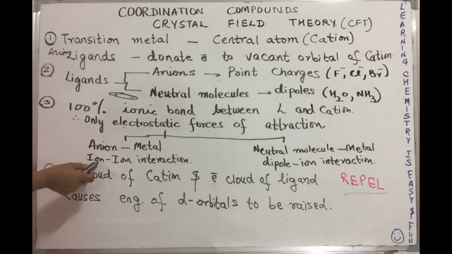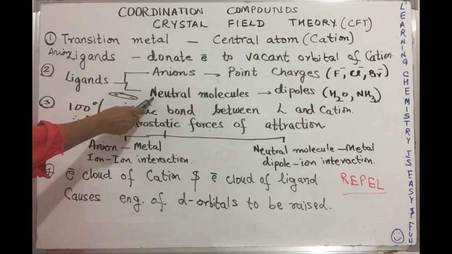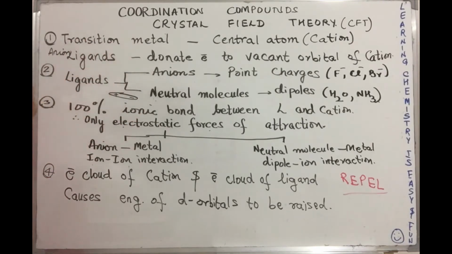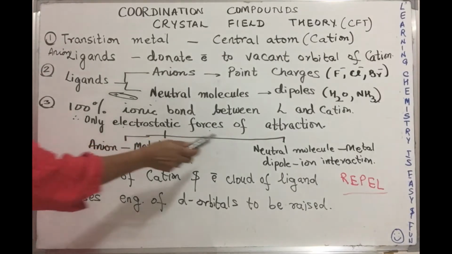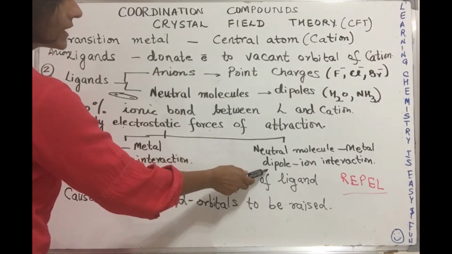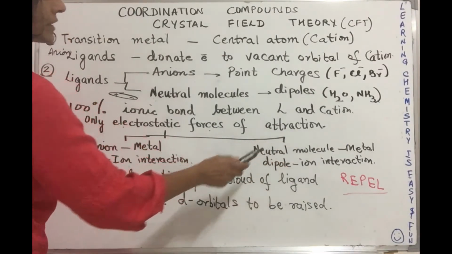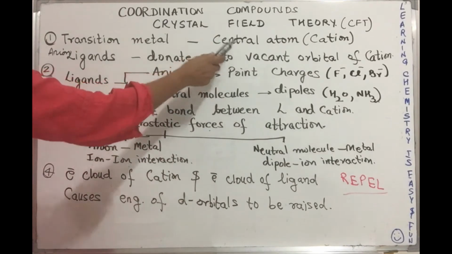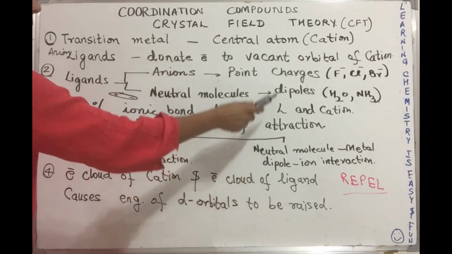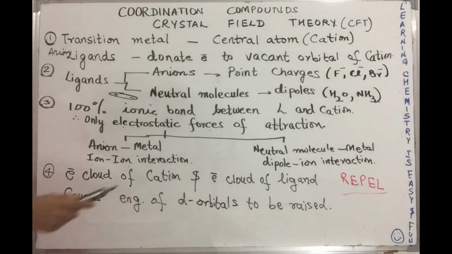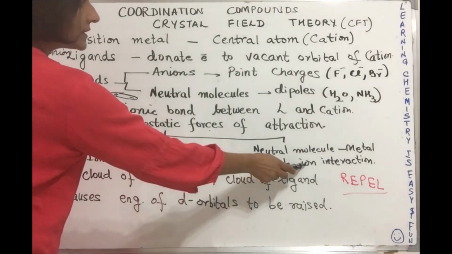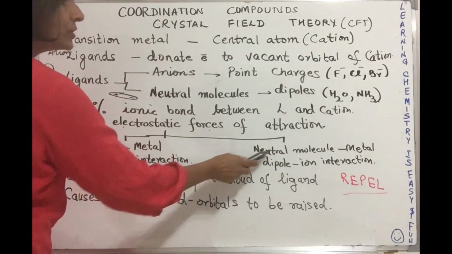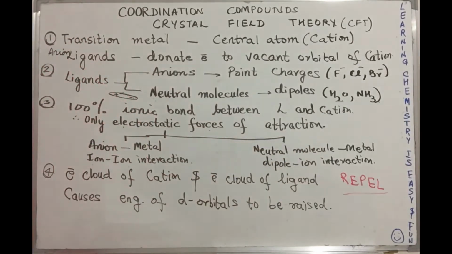On the other hand, if we have interaction between a neutral molecule and the cation, the forces of attraction will be called ion-dipole interaction. So ion is the cation and dipole is the neutral molecule. I have written it as dipole-ion interaction because I have written neutral molecule-metal interaction, right?